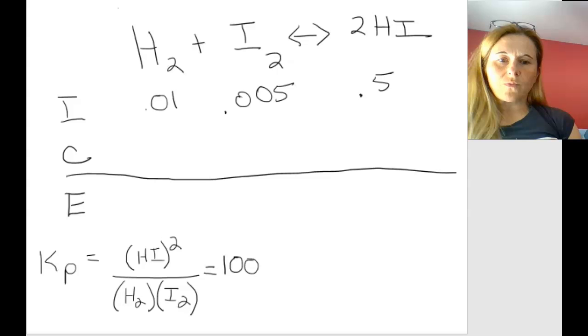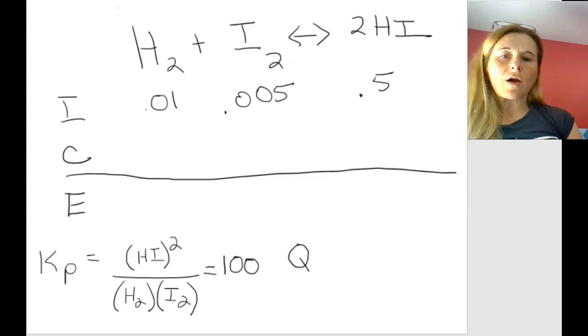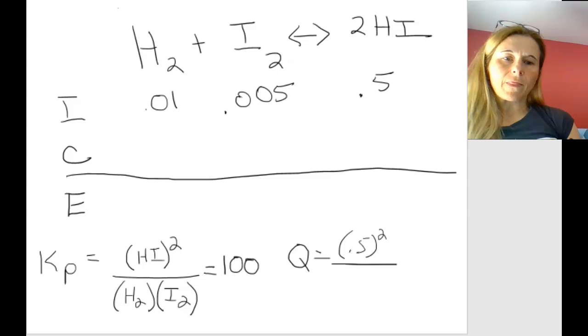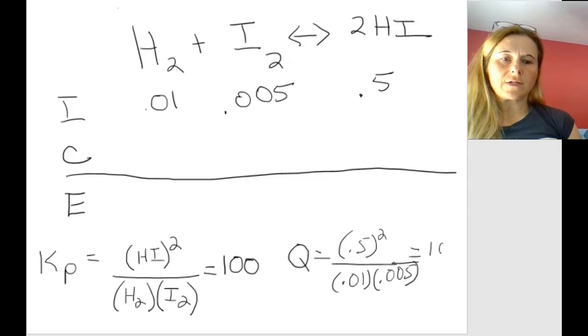So it equals 100 right there. All right, we need to figure out Q so that we know, are we adding or subtracting our reactants? Are we adding or subtracting our products? For this, we're just going to take 0.5 and square it, over 0.01, that wasn't a good decimal, times 0.005. And our Q equals 10,000.